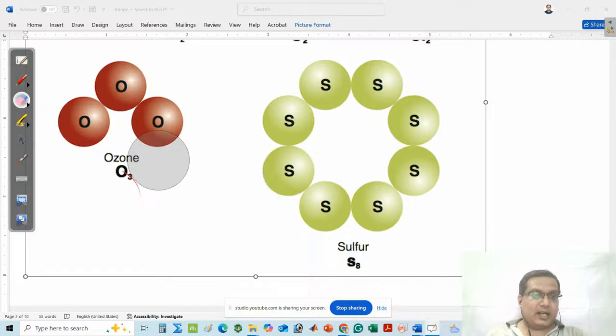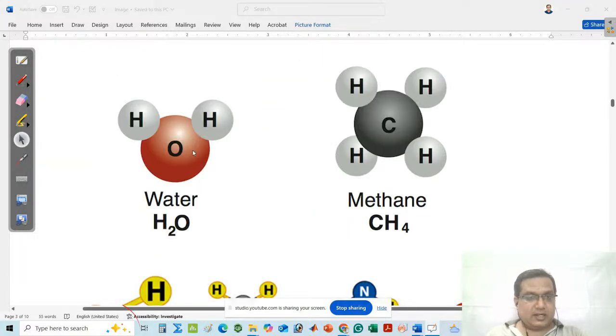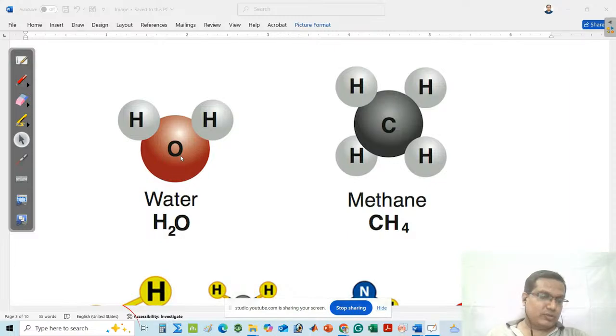Next, move to the heteroatomic molecules. Look at that. Here, water is given. Here, two types of atom are present. At first, it belongs to the heteroatomic molecules. But look at that.